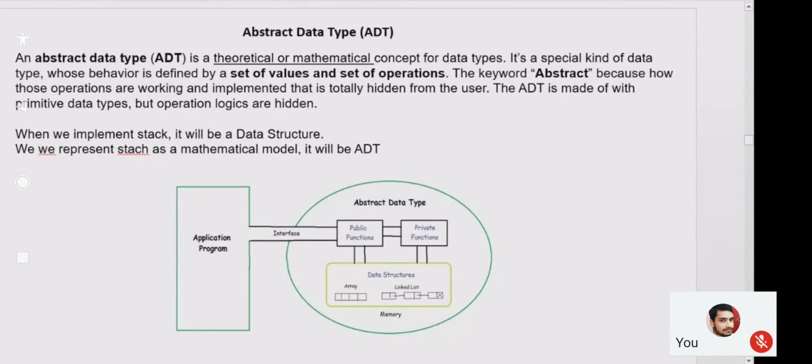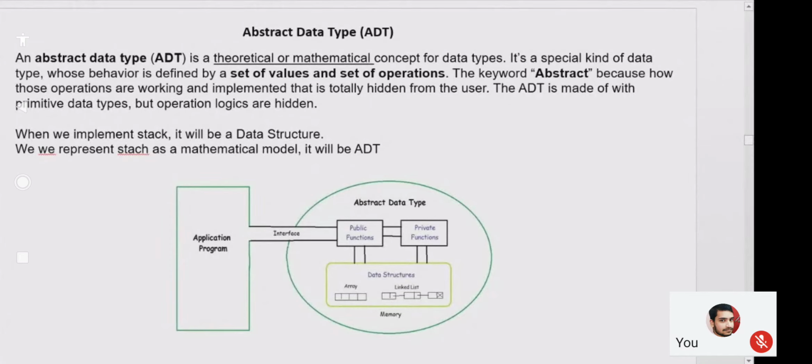Whenever we want to push an element into the stack, first of all we have to see whether the stack is already full. If the stack is already full, you cannot insert any element into the stack. It means there will be a function that checks whether the stack is full or not. That is full.